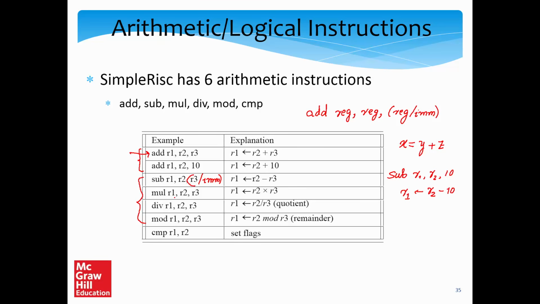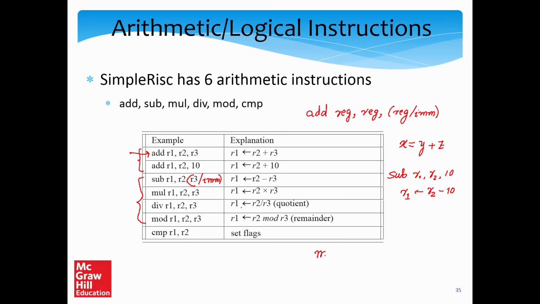Same is the case for multiplication, exactly the same format. So let me write a multiplication instruction with the third operand as an immediate. So we shall see that the way of specifying the format is the same.